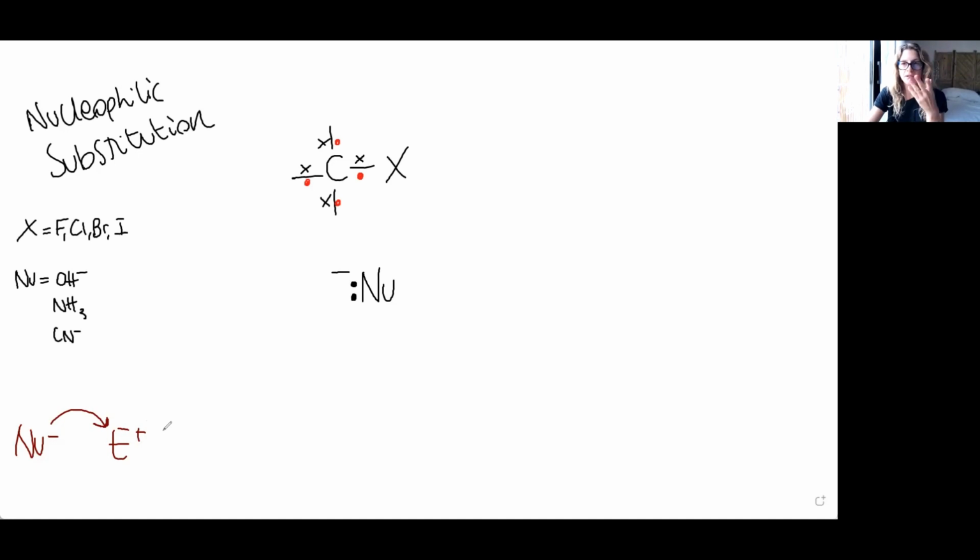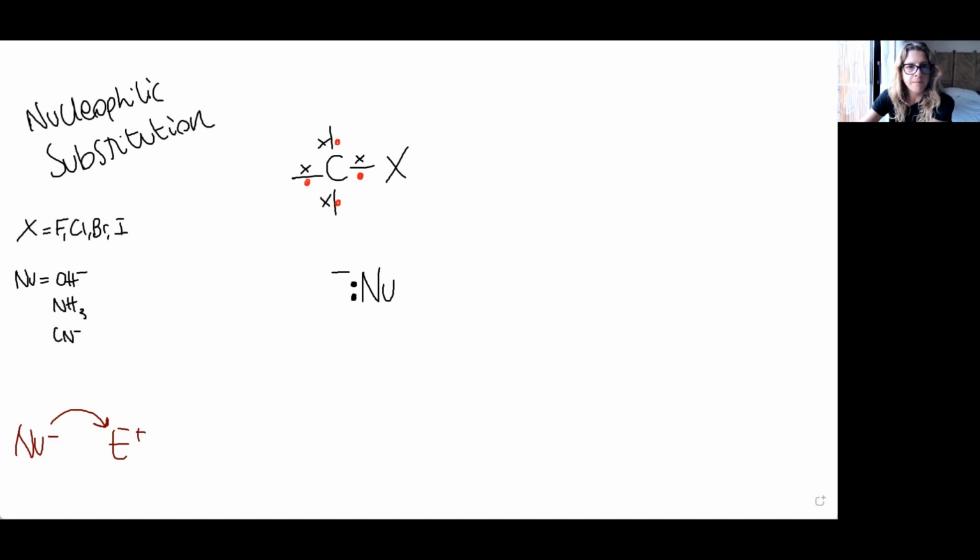However, we need to think about the next step. So if the nucleophile attacks an electrophile, then what comes after? This is normally what differs in the second step of the mechanism, or just this second curly arrow.